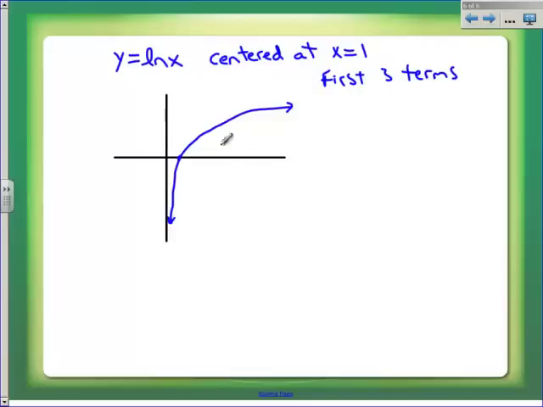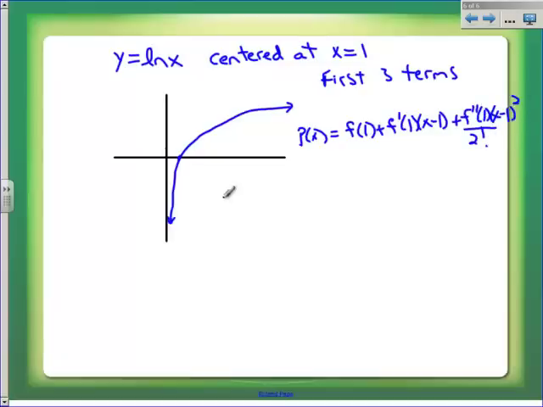But let's just write the first 3 terms. So our Taylor polynomial would look like this: f of 1 plus f prime of 1 times (x minus 1) plus f double prime of 1 times (x minus 1) squared, over 2 factorial. That's the first 3 terms.